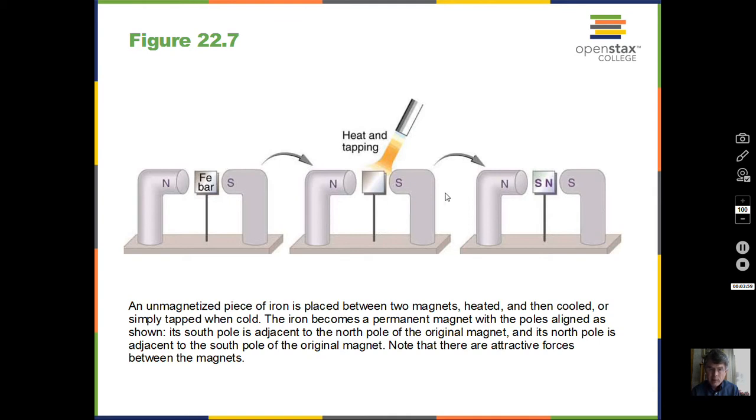And we'll talk a little bit in the future as to why that occurs. And we can remagnetize if we take away the temperature source and the magnet cools. It will cool off with, again, south-seeking pole against north-seeking pole. And if we take the blowtorch back here and heat this up again, raise its temperature too high, we would destroy the permanent magnetism that was built into that piece.